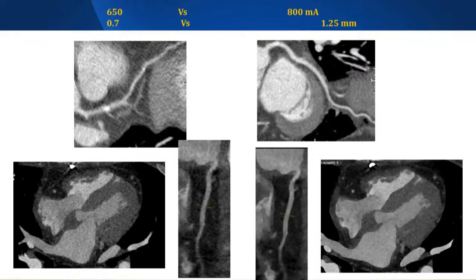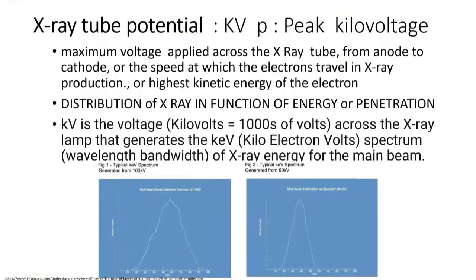So basically, it's a trade-off, because if you want to look at the coronary, you want to look at the plaque in detail, you probably want thinner slices. But if you want to look at myocardium, I mean, thicker slices will be fine, okay?